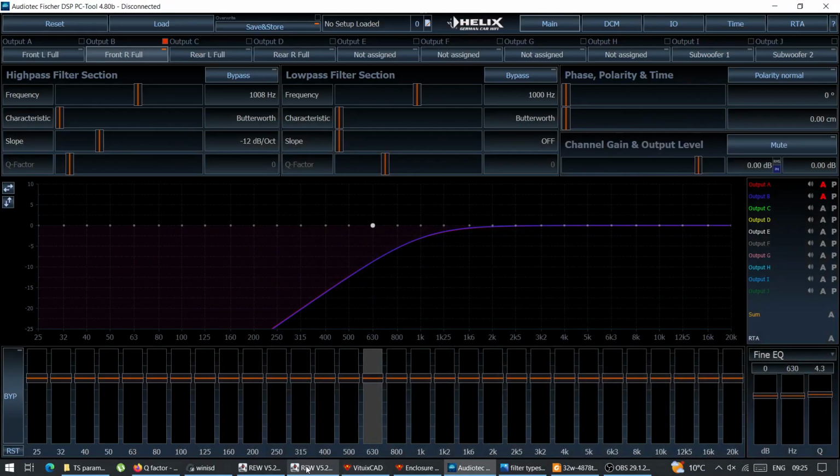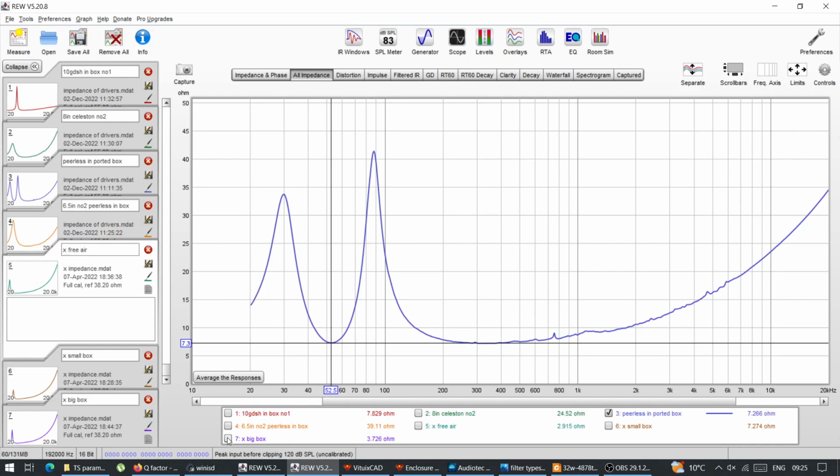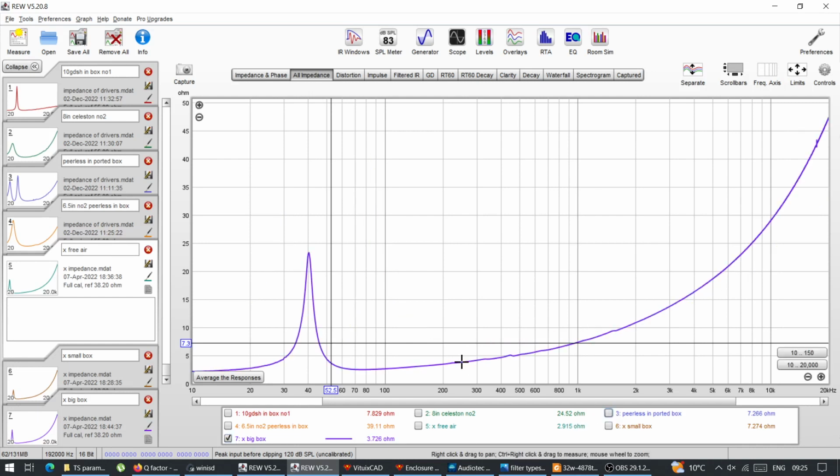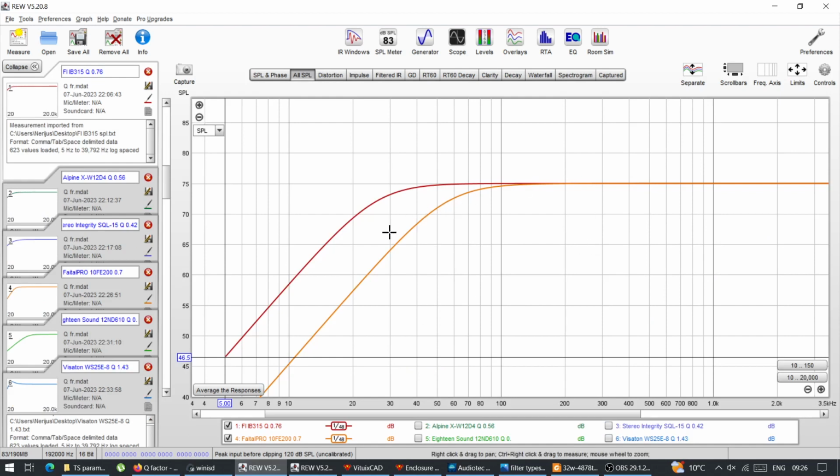And drivers themselves have a Q defined from the frequency response, the Qes, which is very similar to Qts, and they have a natural roll-off exactly the same as those crossovers.